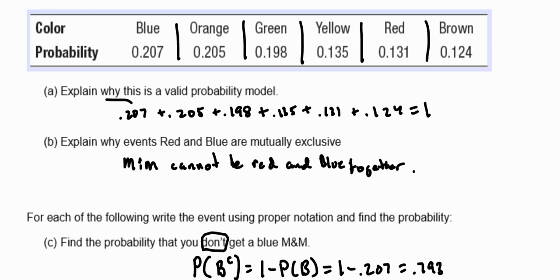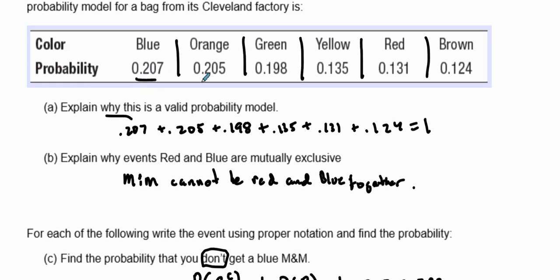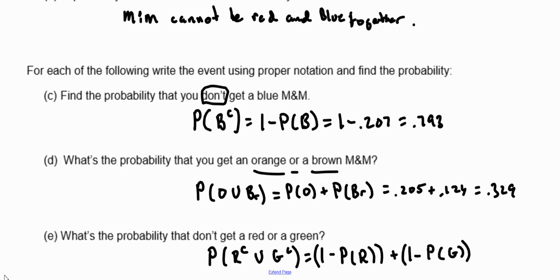We could also add blue, orange, yellow, and brown. We could just also add all those four values together as well. In any case, if we want to figure this out, there are two different ways of doing this, very similar. We could also take this value.